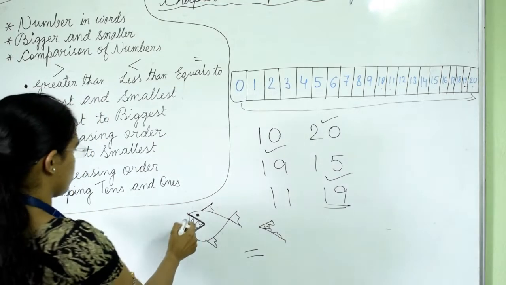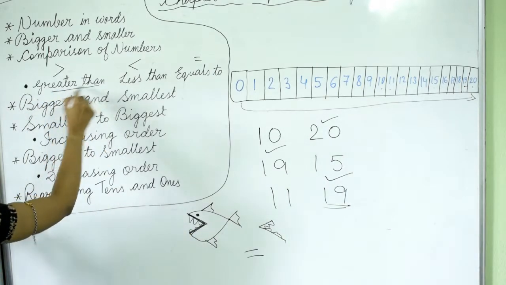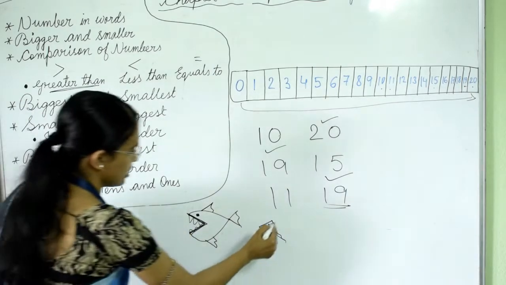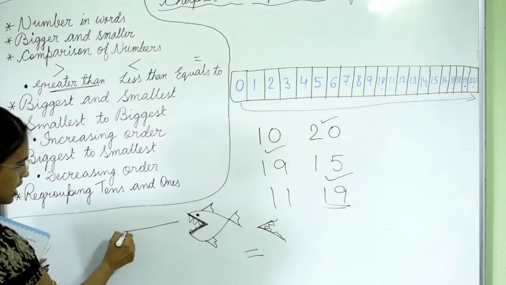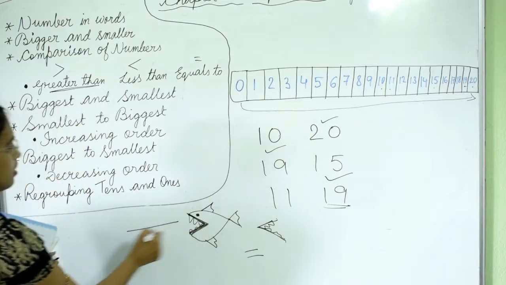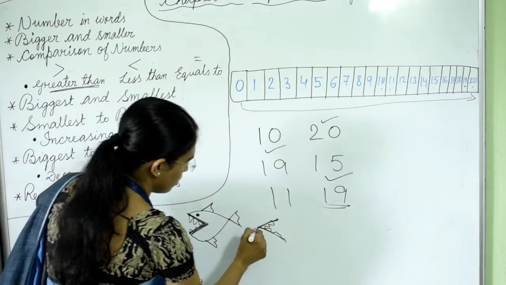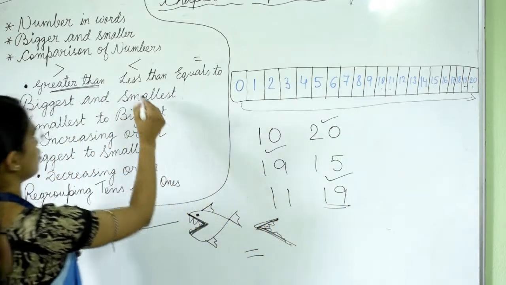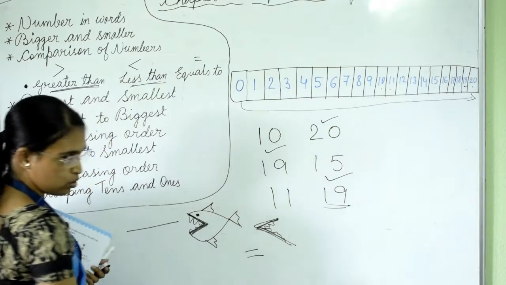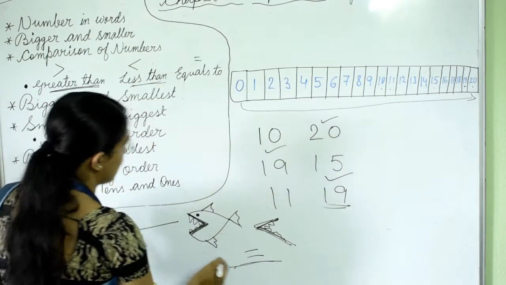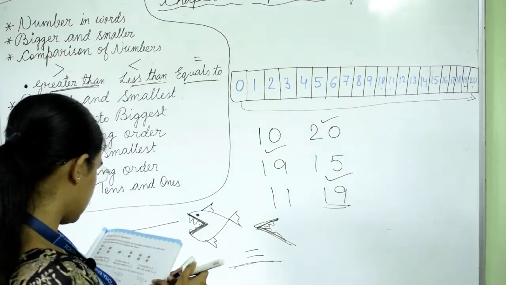If the mouth opens on the left hand side, then this sign is called greater than sign, and if the mouth is open on the right hand side, then this sign is called less than sign, and if the mouth is closed, then that is called equals to.